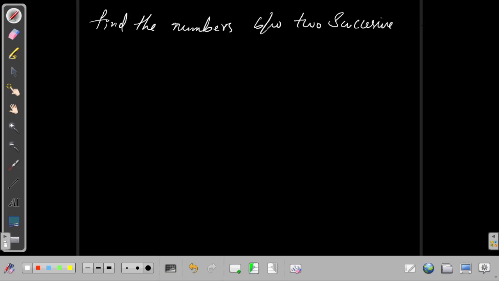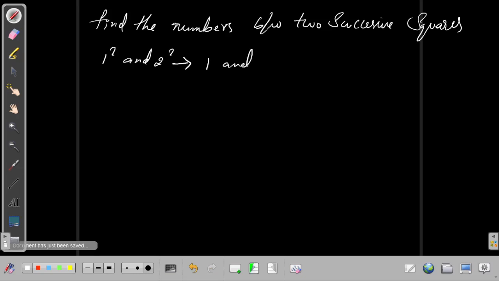Suppose we take 1 square and 2 square. 1 square is 1 and 2 square is 4. So what are the numbers in between 1 and 4? That is 2, 3.